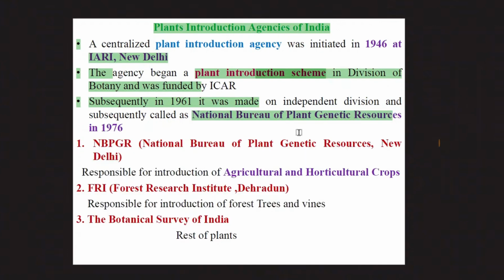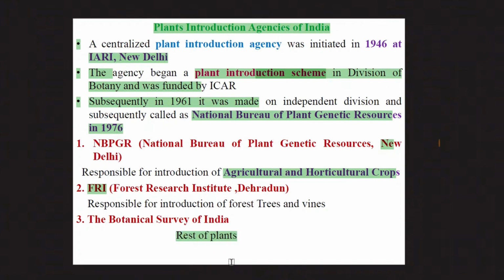The NBPGR is now established in New Delhi and is responsible for introduction of agriculture and horticulture crops. And the FRI, the Forest Research Institute in Dehradun, is responsible for introduction of forest trees and vines. And the Botanical Survey of India is also there. These are the agencies of India.